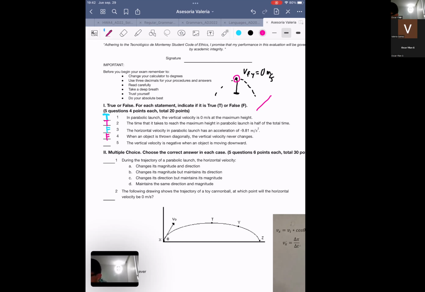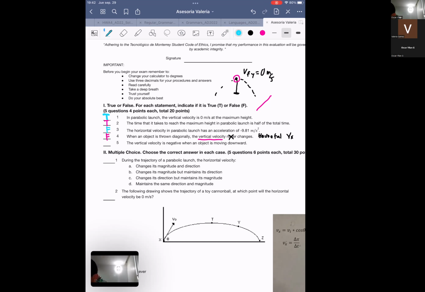Because it says vertical velocity. Remember that the vertical velocity is the one that changes. The one that is constant and never changes is the horizontal, the Vx. Vx is the one that is constant. Perfect. Let's continue.